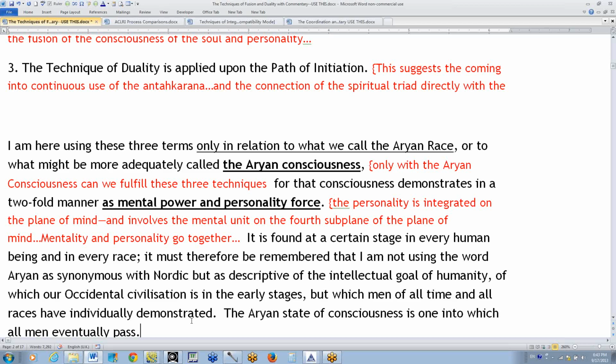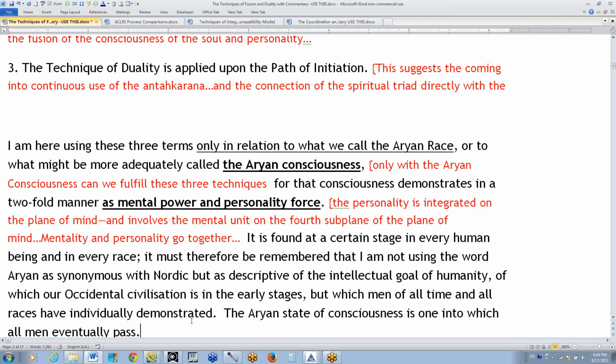We can say that there's a special subrace known as the Aryan branch of the fifth root race, but to a certain extent the entire fifth root race and the type of consciousness that it has been cultivating these million years or more is the Aryan consciousness, and mental power is developed, personality force is developed, and the power to recognize the soul upon the fifth plane through the mind, the fifth principle.